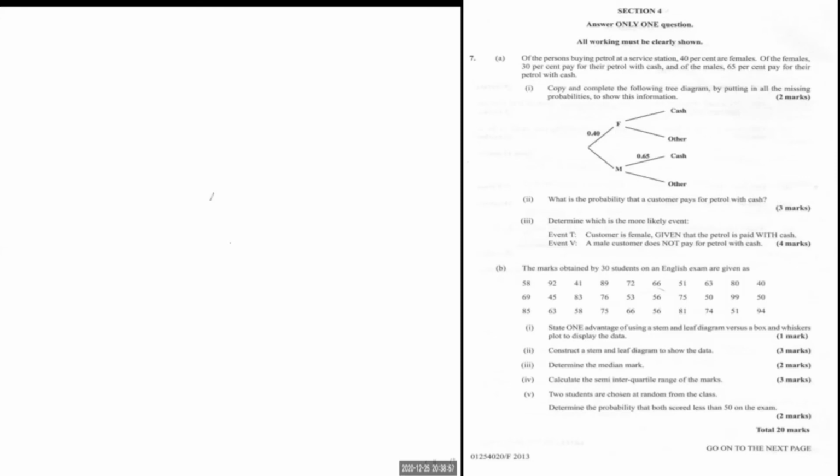The particle starts from rest and then it accelerates uniformly to 20 meters per second in 5 seconds. It continues for 10 seconds. It then accelerates again uniformly to 60 in 5 seconds. The particle then decelerates to come to rest. Draw the velocity time graph. So let's go to the graph.